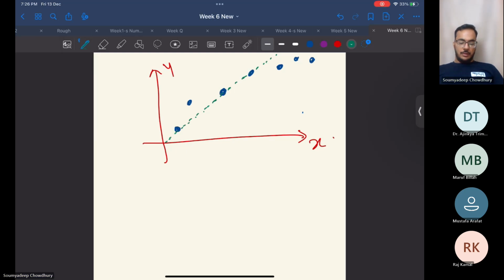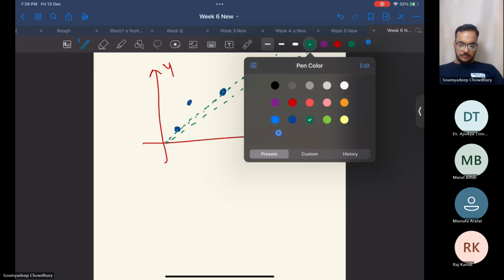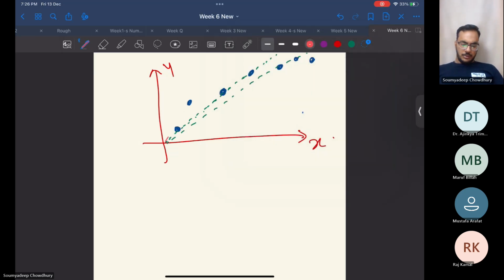You can also draw another straight line like this. So there can be multiple straight lines to represent your data set.